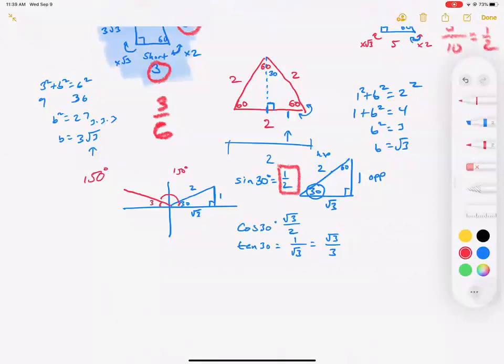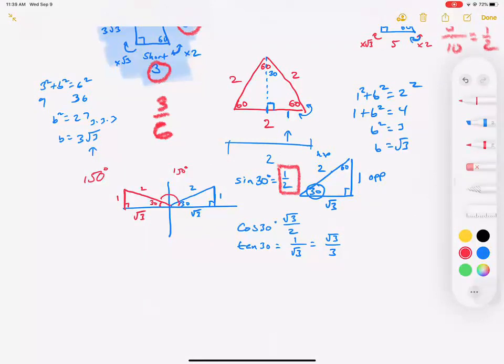Isn't that also 30? Well, if I see 30 degrees, it's a right triangle. We know it's 1, 2, square root of 3. Again, the one side is always the shortest side. 30 degrees, my shortest angle, that means the opposite side is my shortest side. Hypotenuse is always double in a 30, 60, 90 triangle.